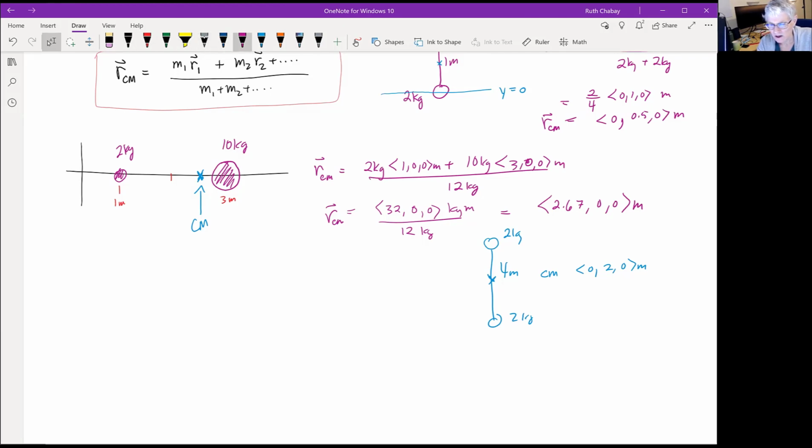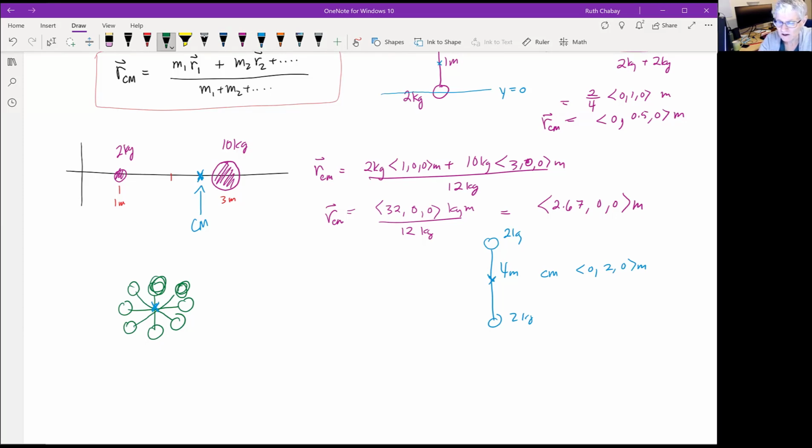So suppose we had some sort of set of masses on spokes, and everything had the same mass and the same length of the spokes. I think it's pretty obvious that the center of mass would be here at the center of this object.